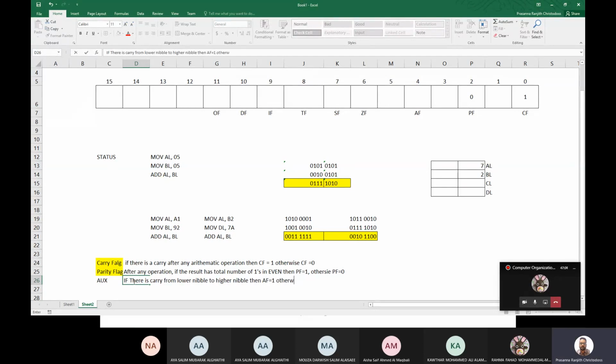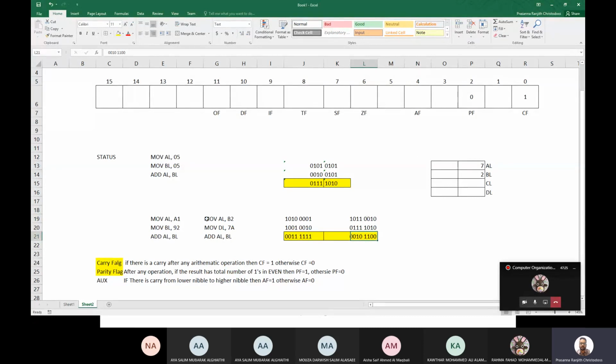Otherwise, when I do this one, 1, 2, 3, 4, from the 4th bit to the 5th bit, if there is a carry, AF will become 1. If there is no carry, AF will not be 1.